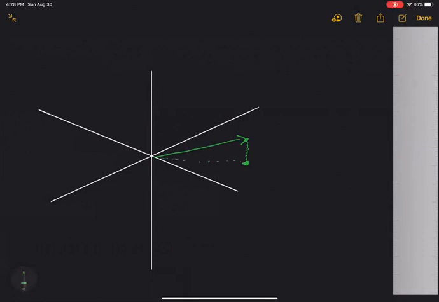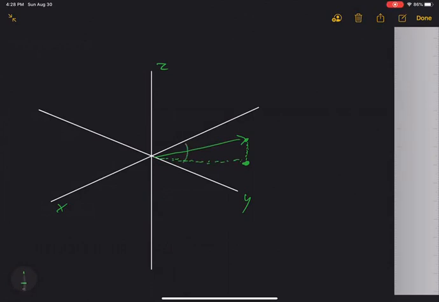Maybe you can see it's coming this way along the x-axis. Remember, this is x, y, and z. So what's the angle it makes with the x-axis? I want to find the closest angle to the x-axis. This is kind of a shadow in the xy plane.